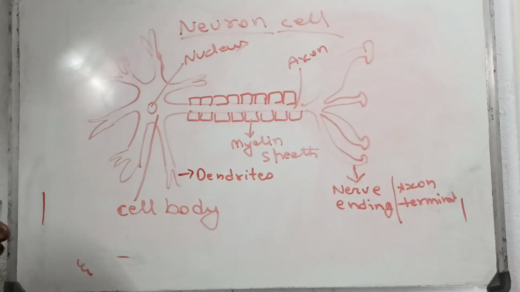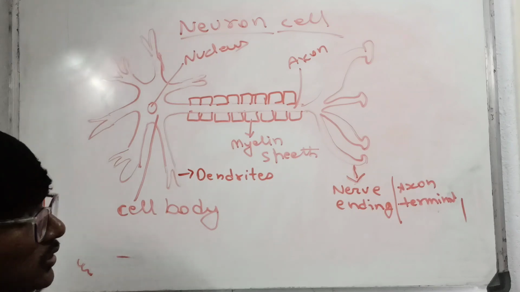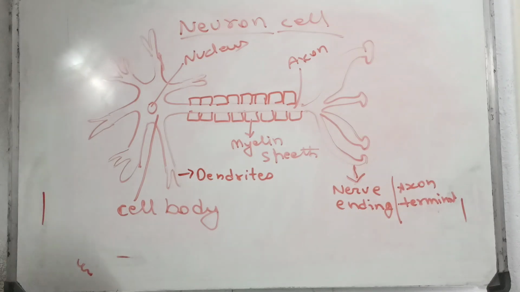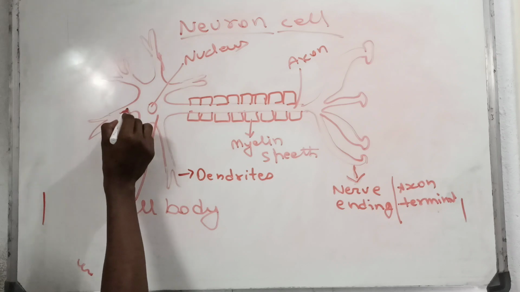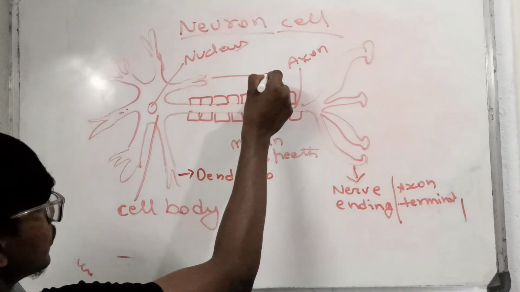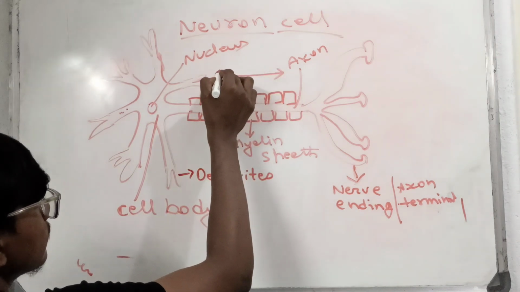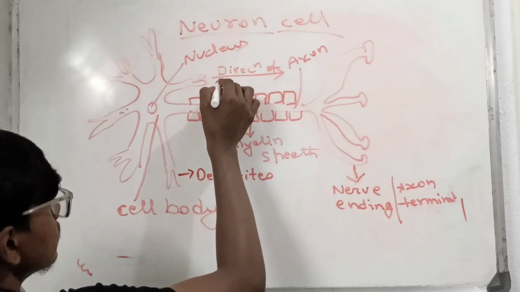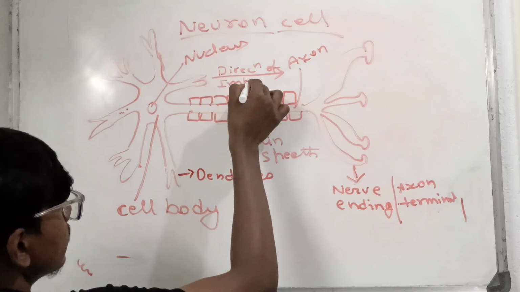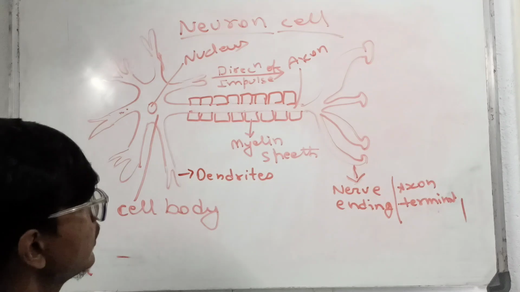So the main thing that I will discuss here is how the impulses or the information will be carried, from which direction to which direction. So this is the cell body, and from this the direction of impulse will be there.